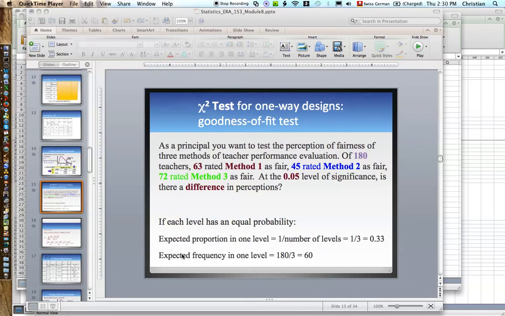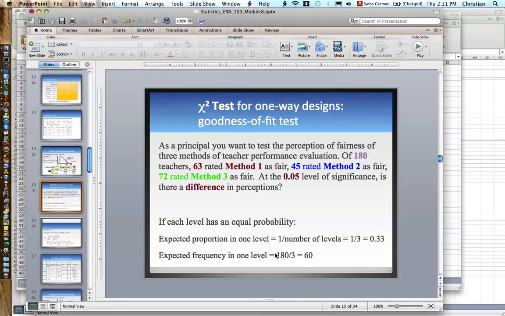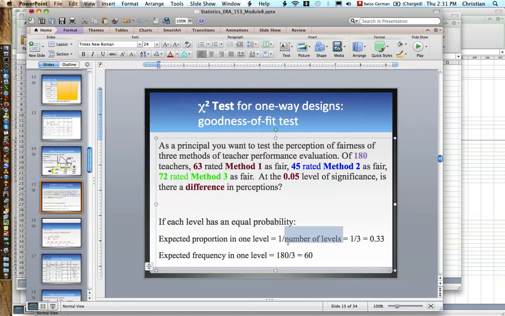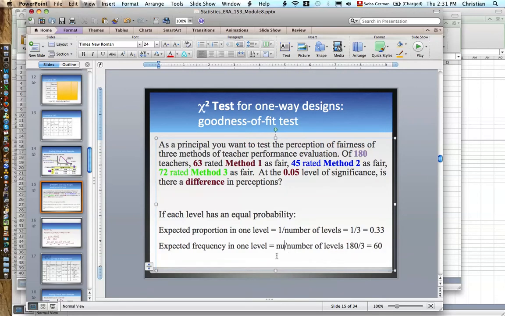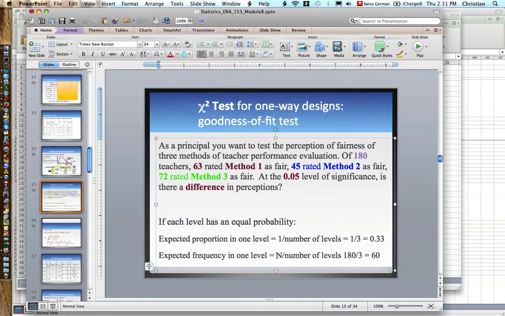Now, if you want to know the exact frequency or the exact count, you can divide the total number of people by the number of levels. So number of people divided by number of levels. Or the sample, it's a better way to say it, n divided by number of levels.